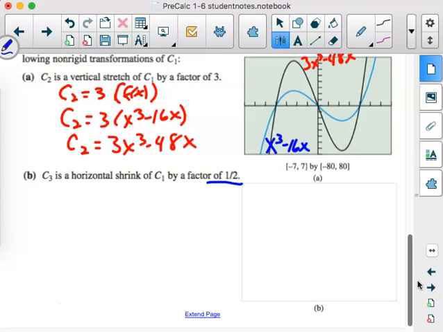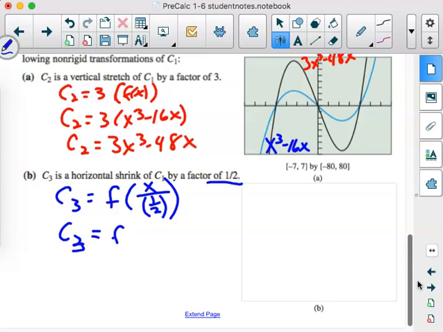So then that makes me realize that what they're really asking me to do is take my f of x function and divide that by 1/2. And like I talked about before, that's really going to look like it's been multiplied by 2.